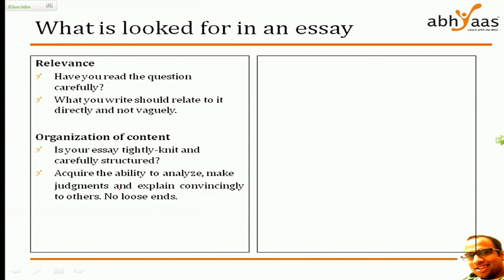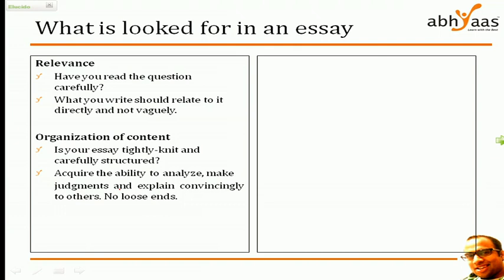But when we're talking about a complex idea, it is important that you knit all your ideas together into a nice fabric which is exactly in line with the impact that you want to create. Okay? So the first thing that you need is the ability to analyze, make judgments and explain convincingly.